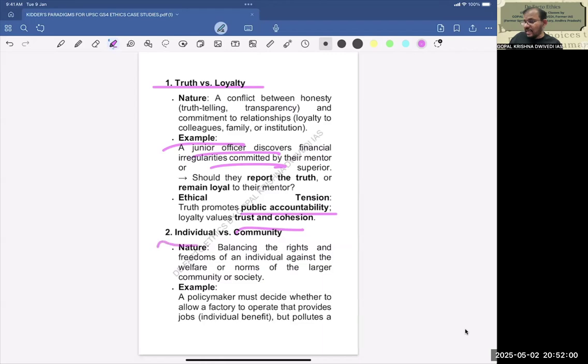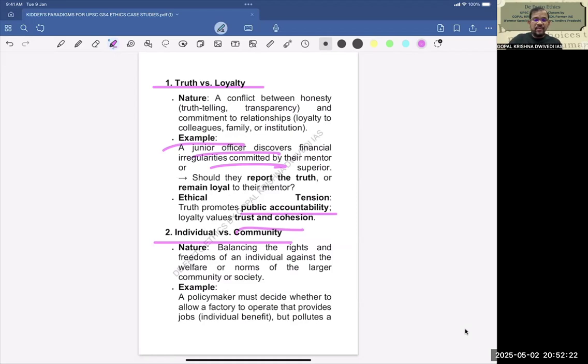Now the second is individual versus community. Sometimes individual rights are in question, sometimes community rights and community welfare. We will understand this also by example. Suppose a policymaker has to decide whether to allow a factory to operate.